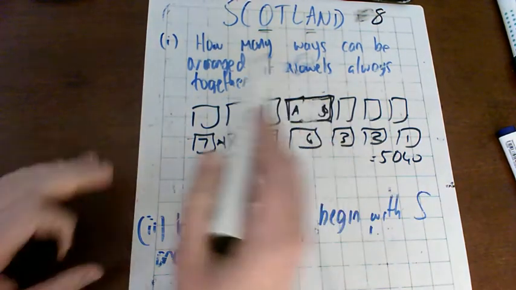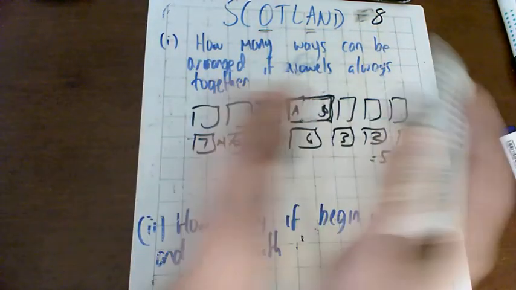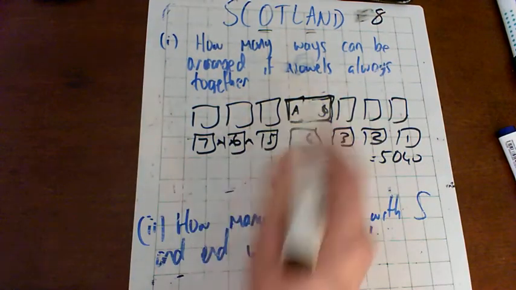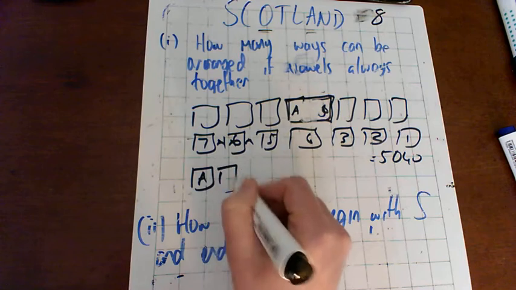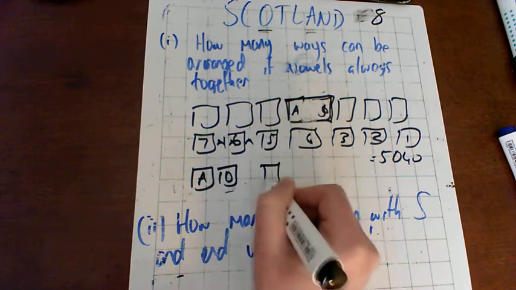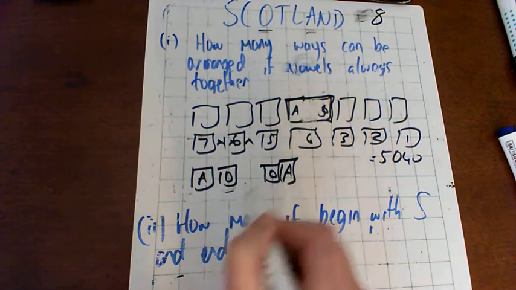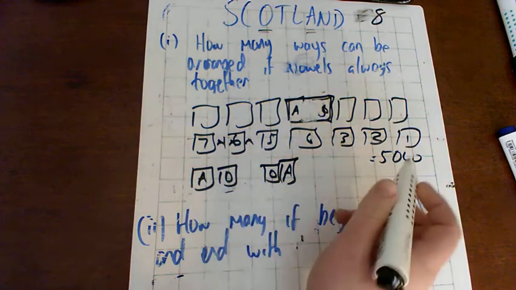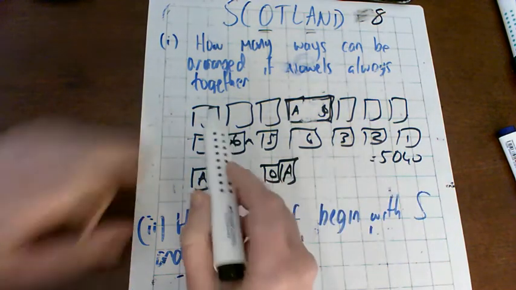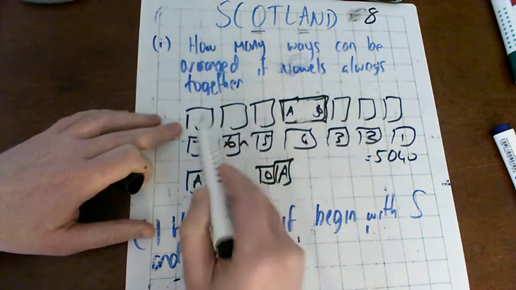That O and A will always move together. However, within the A and the O, it can be A, O, or it can be O, A. So there's 2 different ways that can be written. So you've got to multiply this by 2. Because say I put O and A at the start.